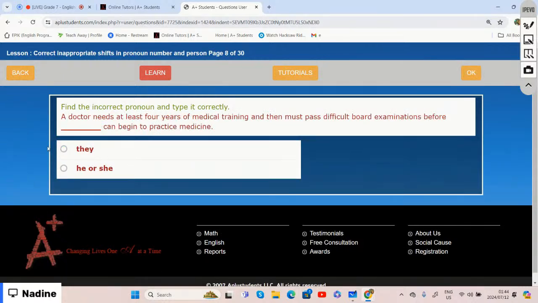All right, let's do the last one. It says one doctor needs at least 4 years of medical training and then must pass difficult board exams before, do we say before they can begin to practice medicine, or do we say before he or she can begin to practice medicine? We are making mention of a doctor, one doctor.